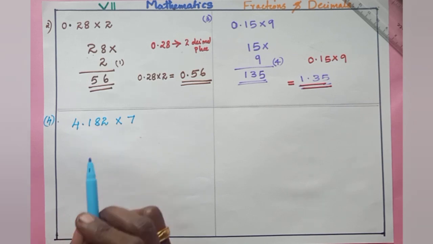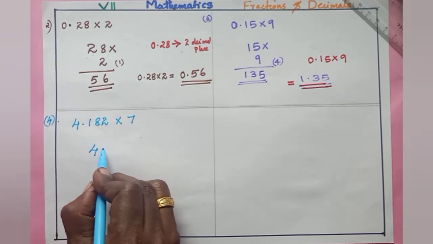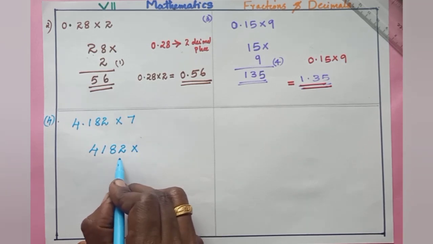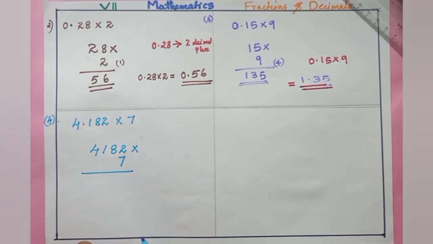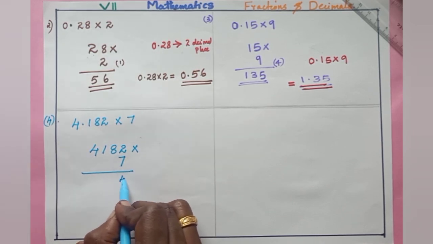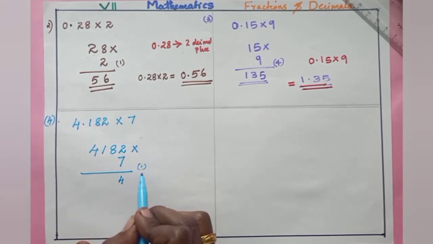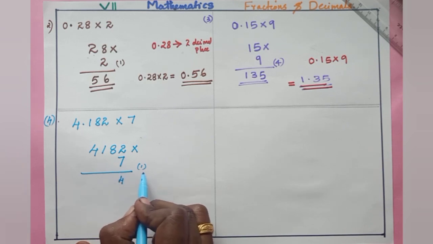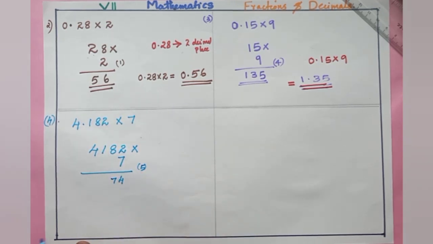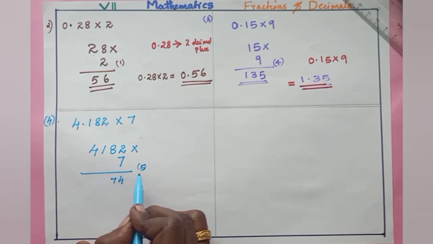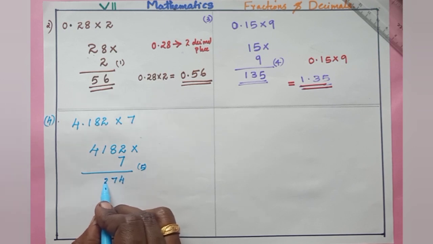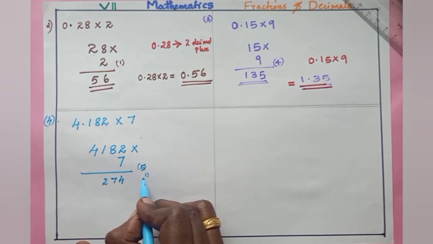Ignoring the decimal point, we get the whole number 4182 into the whole number 7. Multiply 2 sevens are 14, 1 balance. 8 sevens are 56 plus 1, 57, 5 balance. 1, 7, 7 plus this 5, 12, 1 balance.